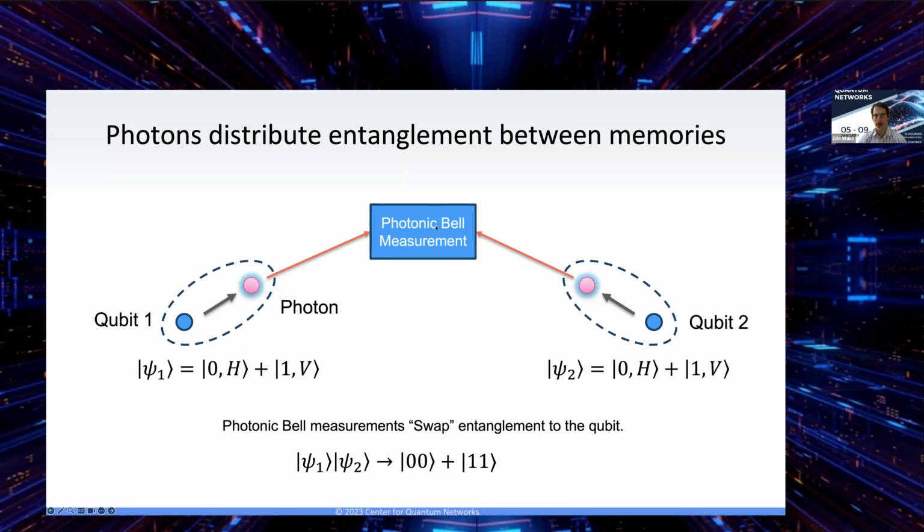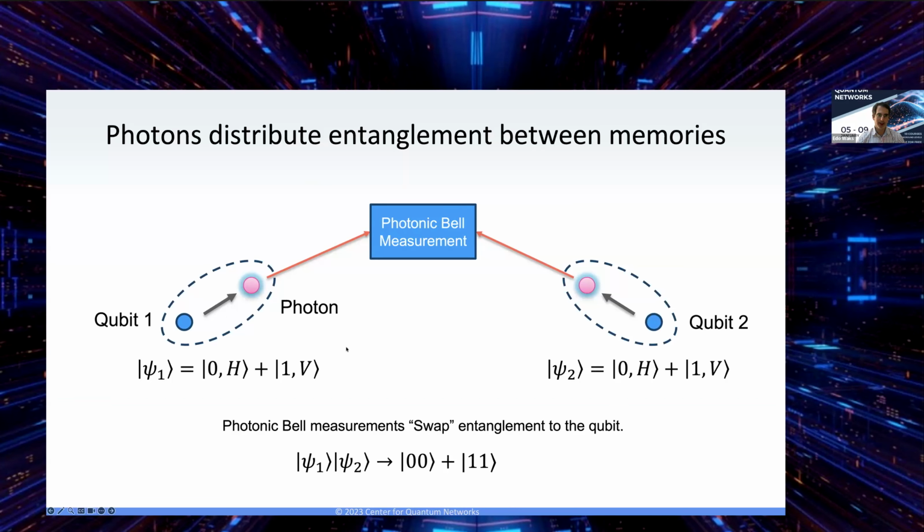Once the Bell measurement is performed, and classical communication is returned back to the original stations that reveals the result of the Bell measurement, the states of the two nodes become entangled. They become this maximally entangled state that I showed you earlier, which is the one we need in order to achieve quantum communication and quantum teleportation.